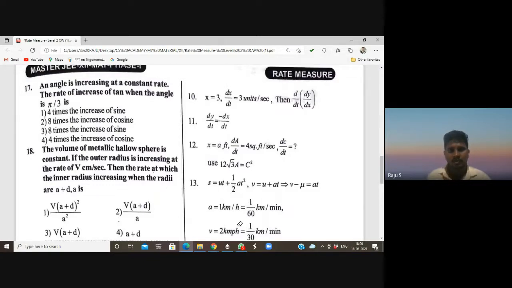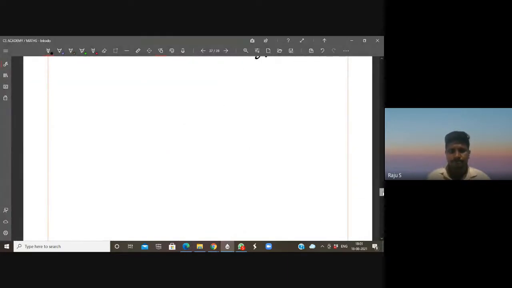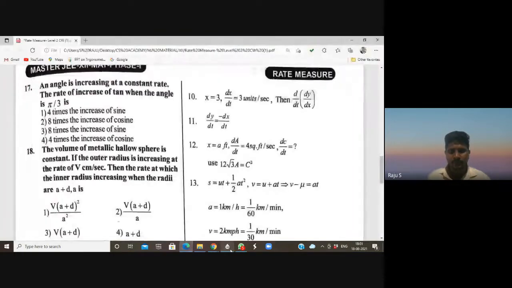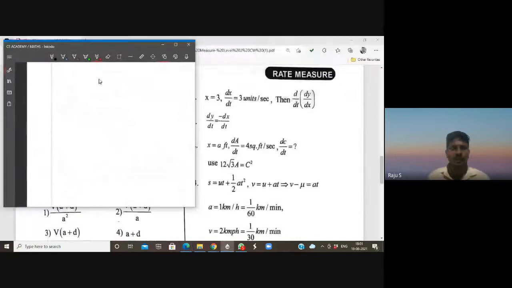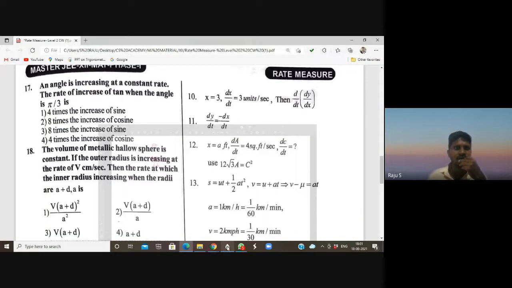According to the question, an angle increases. So I'm taking the angle as theta. It increases means d theta by dt. Am I right, students? D theta by dt increases at a constant rate.